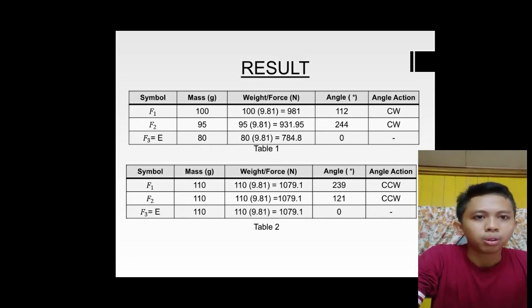Table 1. F1: mass 100, weight 100 times 9.81 equals 981, angle 112, direction CW.